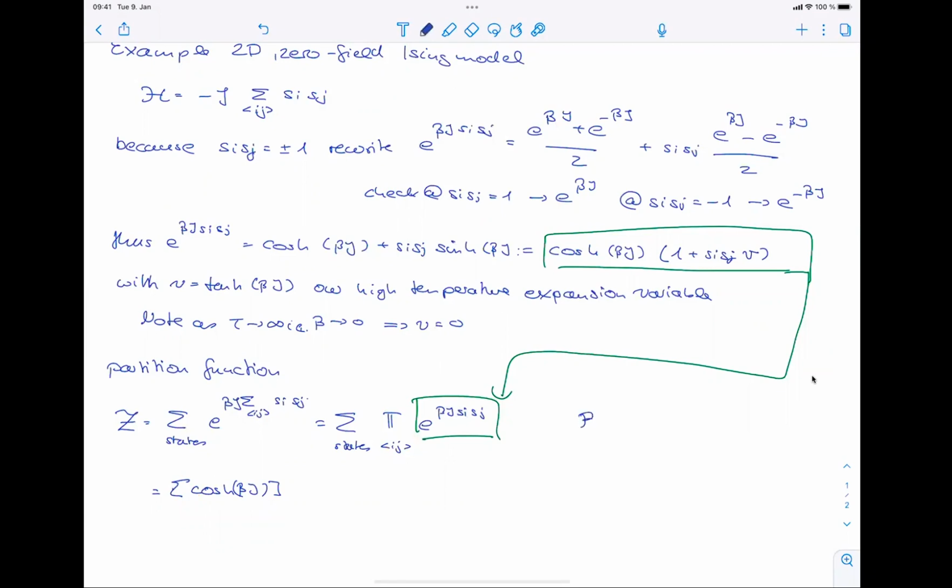So if I now define curly B as the number of bonds, then this prefactor up here becomes just cosh beta J to the power of the number of bonds. And then I still need to sum over the terms that have an explicit dependence on the sites Si and Sj. So I'm left with the sum over states of the product of 1 plus Si Sj V, right?